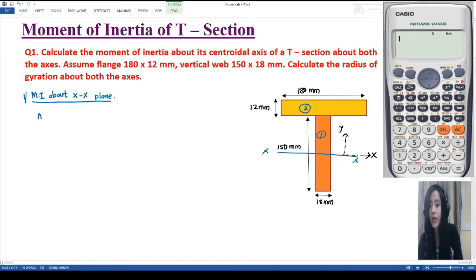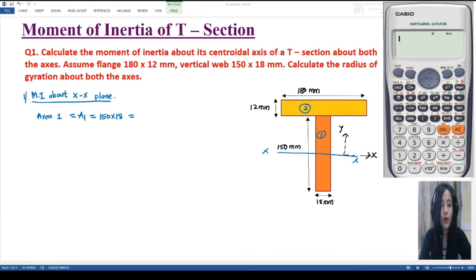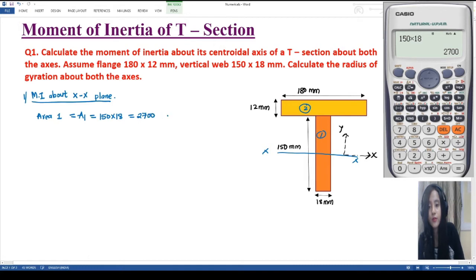So my area A1 for this web portion will be equal to 150 into 18. This is giving 2700 mm square.